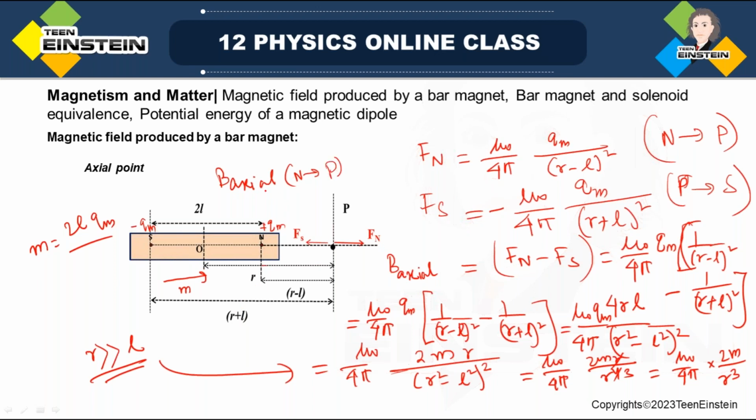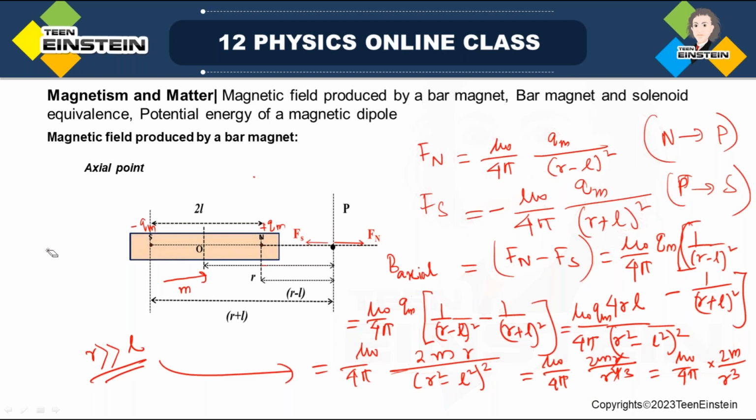And here also we see the axial magnetic field in the same direction as the dipole. So this is very similar to the electric dipole we have seen. So a bar magnet can be considered just like an electric dipole.